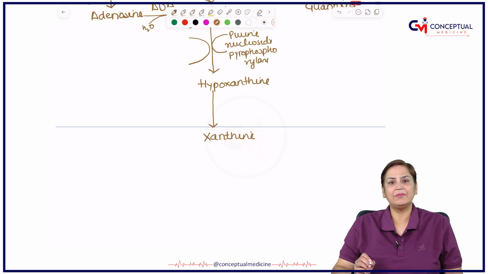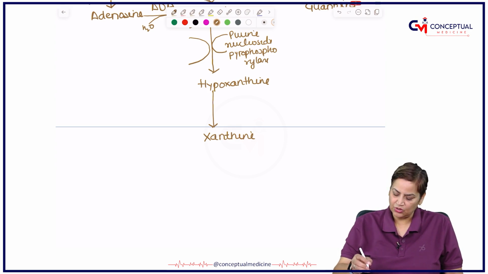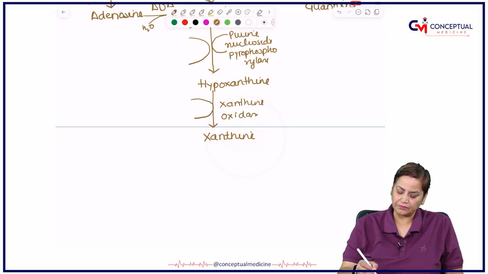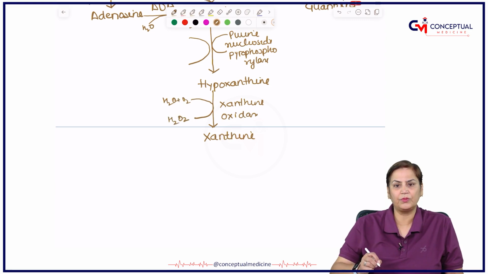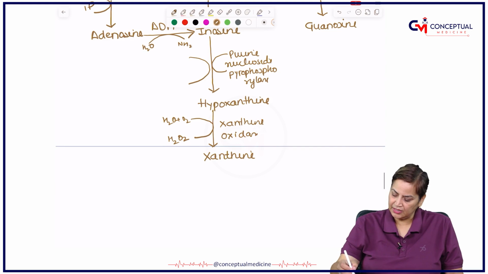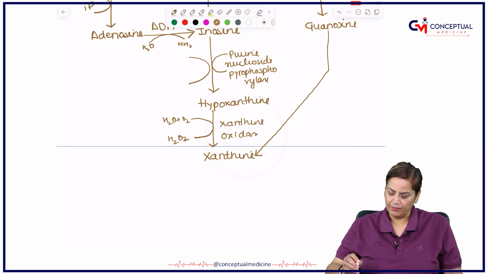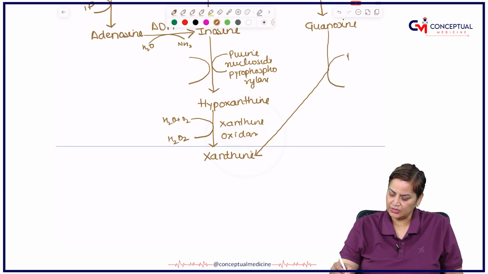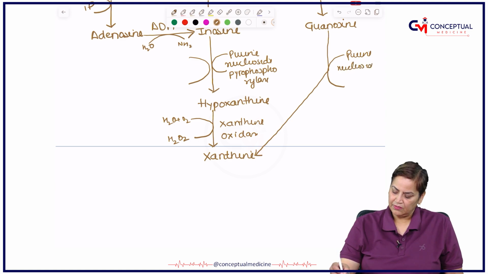Now this hypoxanthine will then be converted into xanthine by the enzyme xanthine oxidase. And here H2O2 is formed. And guanosine can also be converted into xanthine by purine nucleoside phosphorylase.